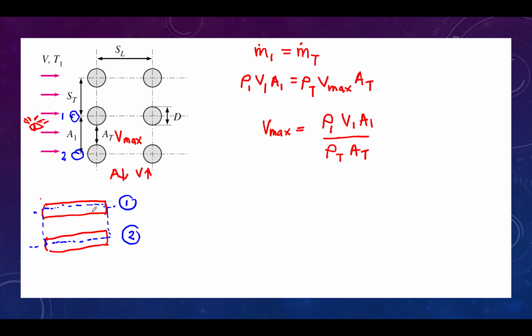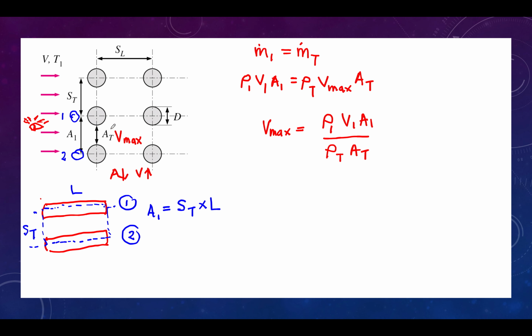To find the area, we have to multiply this length with this length. This length is ST. Therefore, area A1 is equal to ST times L. That is for the first area, area 1.